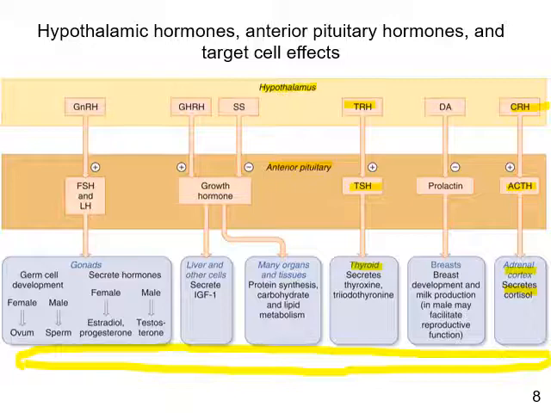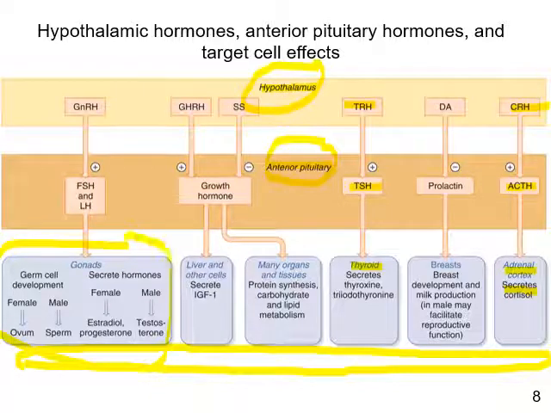So rather than go through all of this again, let me just recommend that you review this slide, which is a little bit more graphic. And put into your mind the hypothalamic hormones, the anterior pituitary hormones, and the targets. We did talk about this effect previously. We will talk about prolactin and its effects on milk development, milk production, and breast development.